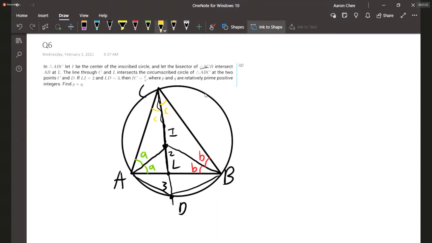And so when we do this, you can see that angle DCB and angle BAD cover the same arc.